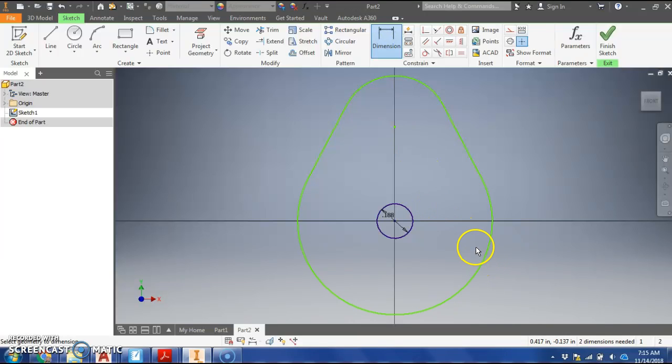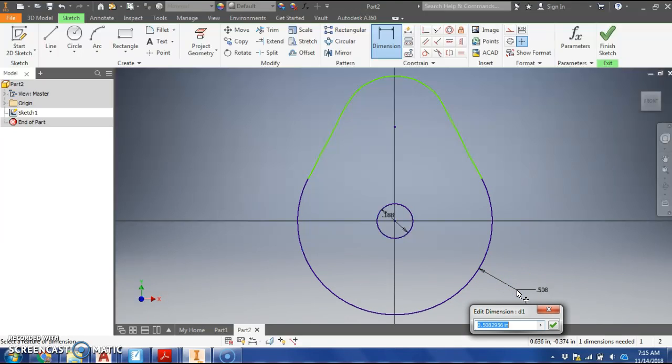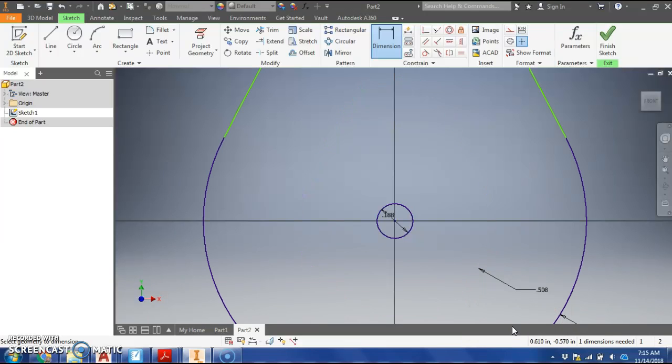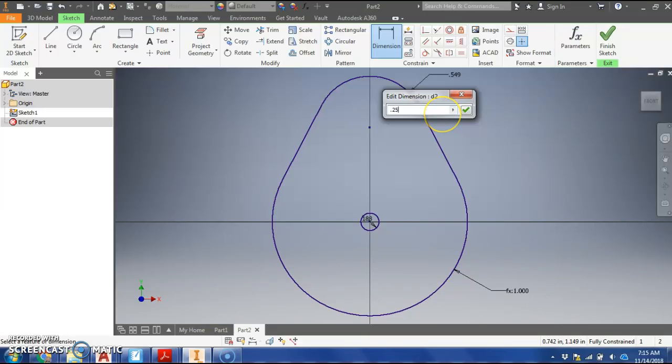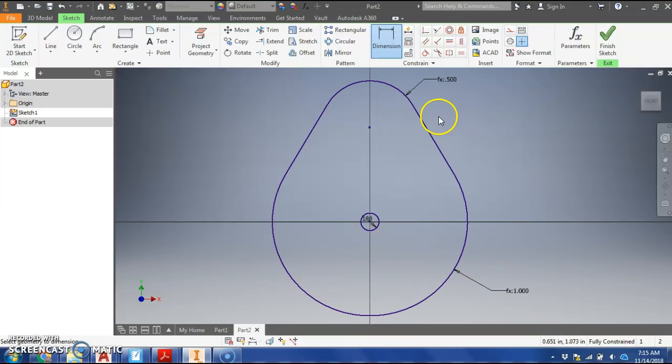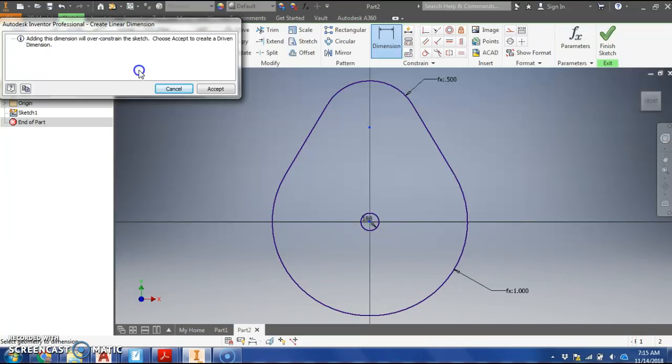Next, what I'm going to do is dimension my large circle on the bottom should be 1/2 times diameter. And my circle on top is going to be 1/4 times diameter. Now when I go to dimension between my 2 center points, I'll probably get this message saying that it will over-constrain and accept it.